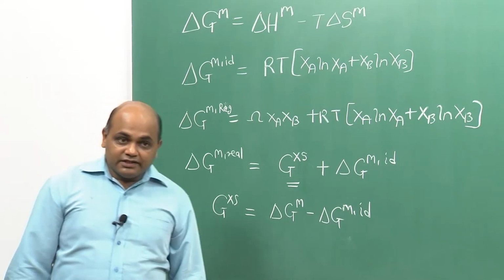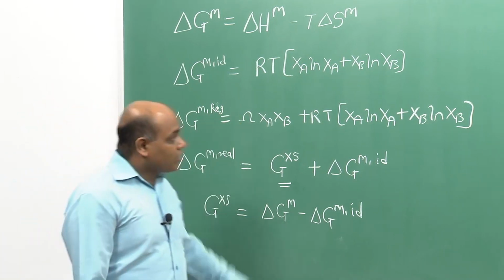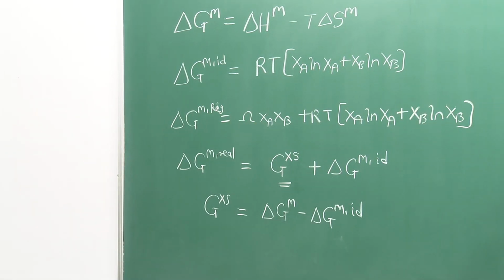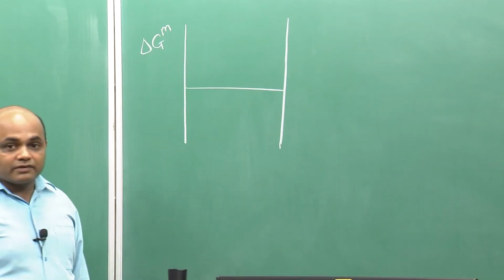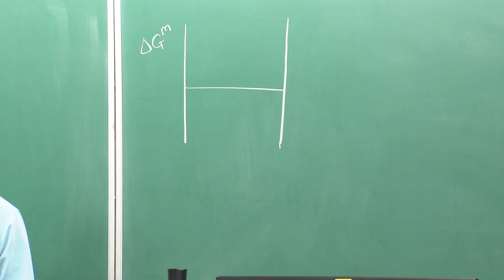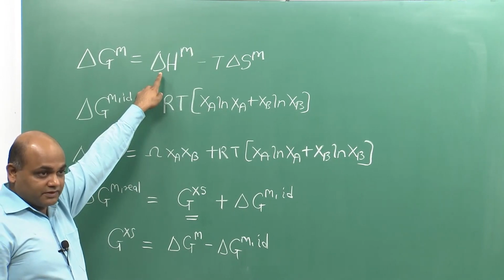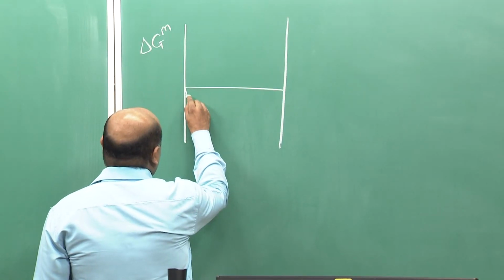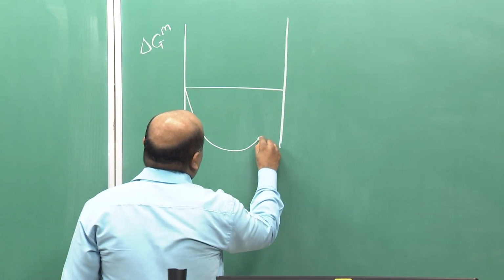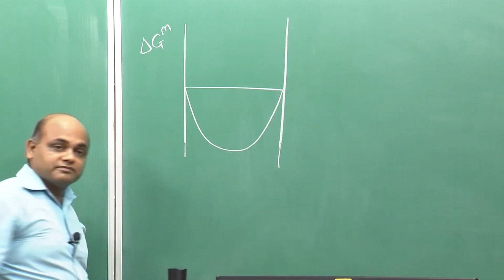Now, we are interested in understanding the stability of solutions, right. So, if we draw this delta Gm versus composition curve, if the enthalpy of mixing is non-zero but has a very small magnitude, then we have seen in the last class the Gibbs free energy of mixing will still be negative at all compositions.